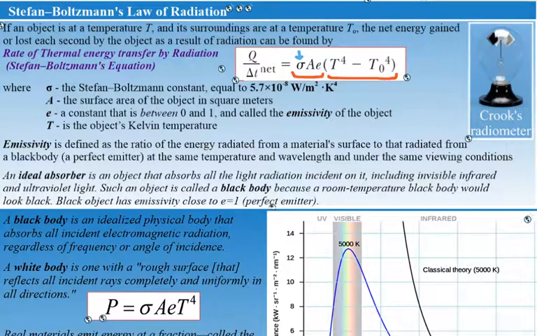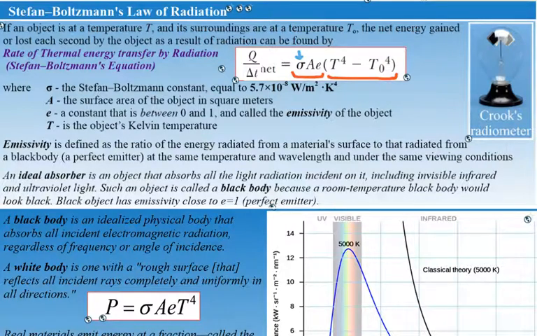Because a black body object has emissivity close to 1, a perfect emitter, 0 means no emitting energy, and black bodies emit all of their energy, so that means e is equal to 1. And T is the object's Kelvin temperature, because there's no delta, I have to use temperature in T.